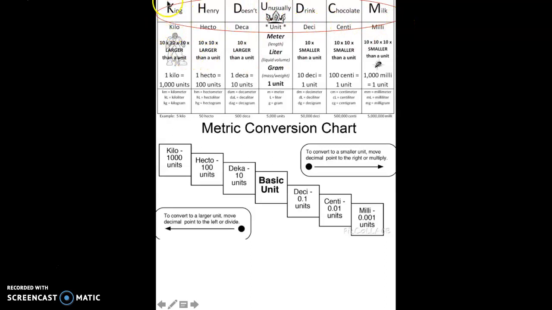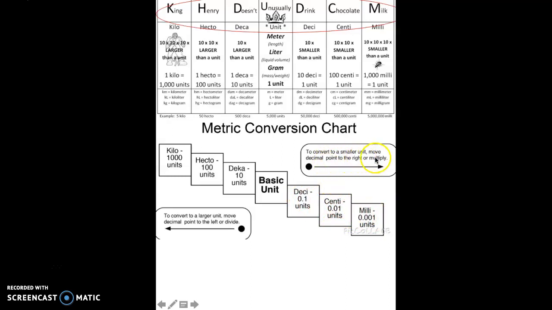When we start with K, king, or kilo, it is the largest. As we move down, they become smaller. So K for kilo, hecto, deca, our base unit, which is U, deci, centi, and milli. So we're really working on deci, centi, and milli.